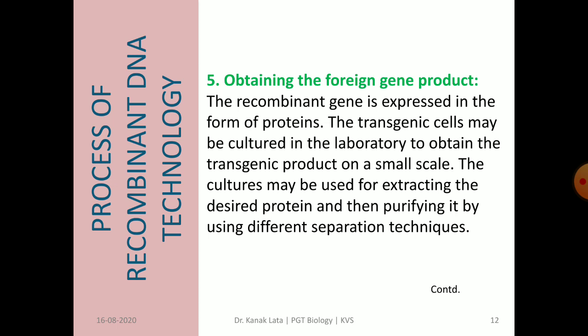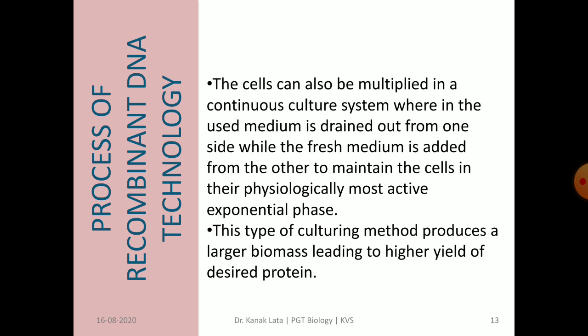The transgenic cells may be cultured in the laboratory to obtain the transgenic product on a small scale. The cultures may be used for getting the desired protein and then purifying it by using different separation techniques.